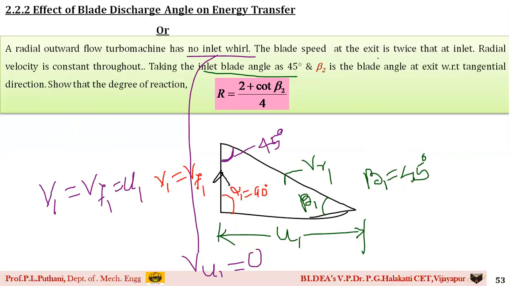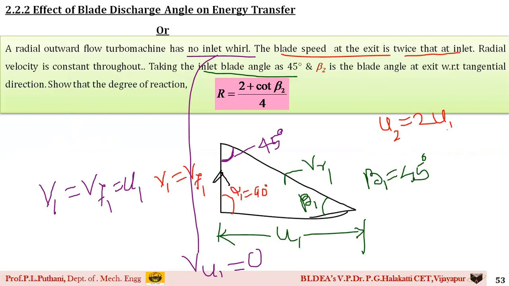Then the next statement given to us is the blade speed at exit. The blade speed at exit means it is u2. It is twice that at inlet, which is equal to u1.